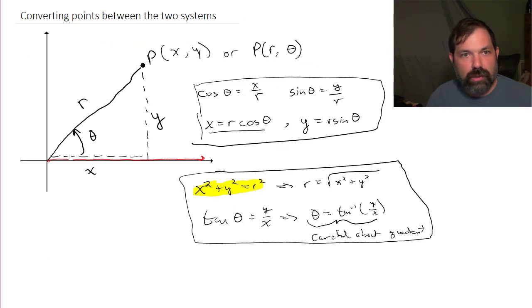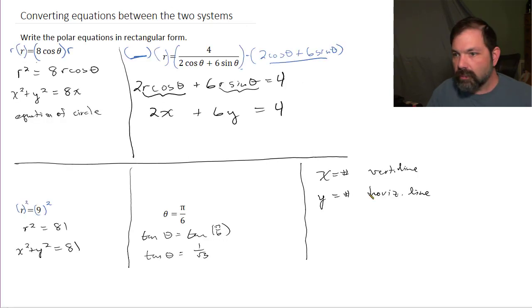So if we use this fact, that the tangent of theta is y over x, then y over x is equal to 1 over root 3. And so then I can write that as the equation y equals 1 over root 3 times x.